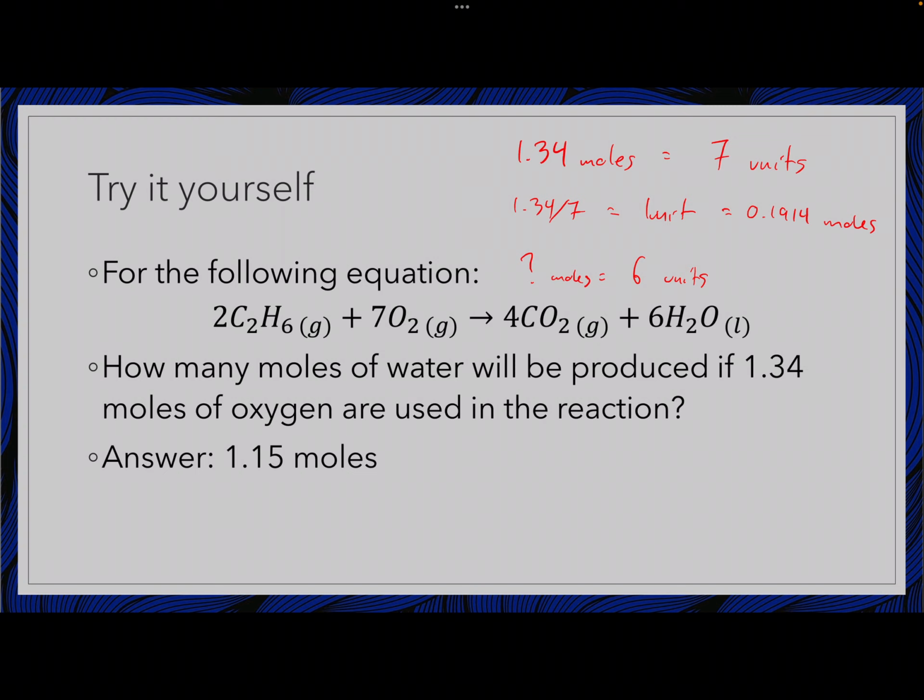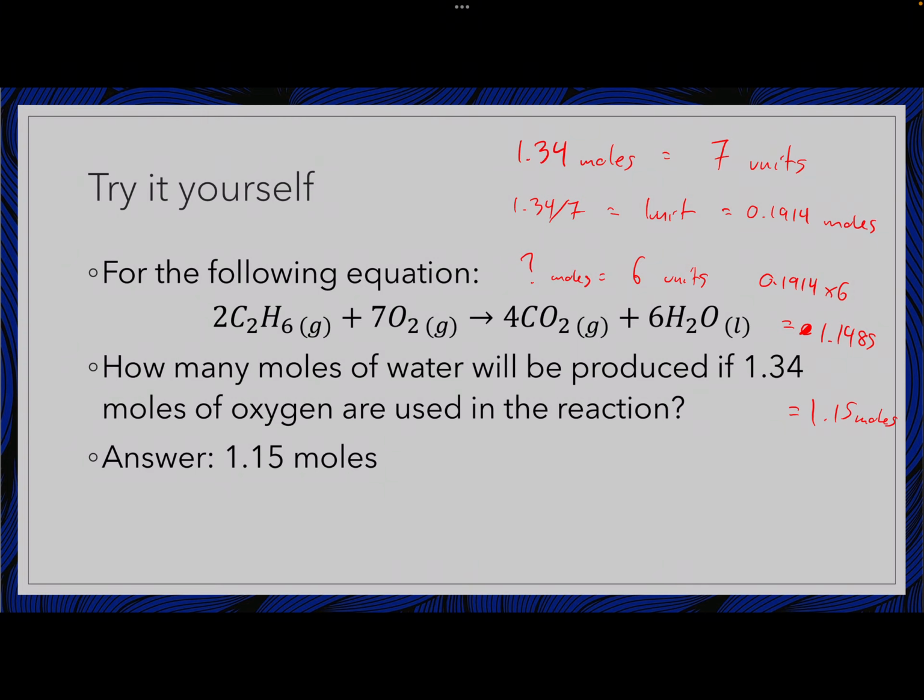If we want 6 units, we just take that number times 6, and we end up with 1.1485, which rounds to 1.15 moles. So 0.1914 times 6 gives us 1.1485, which rounds to 1.15 moles.